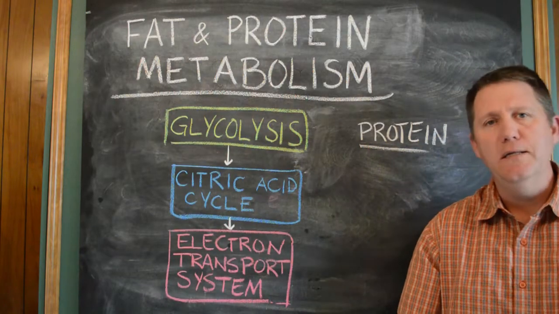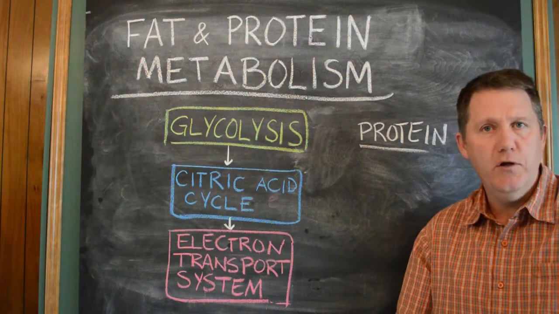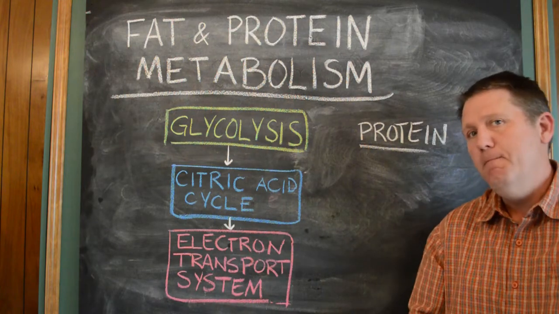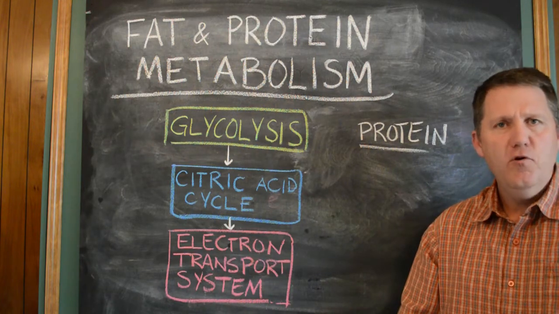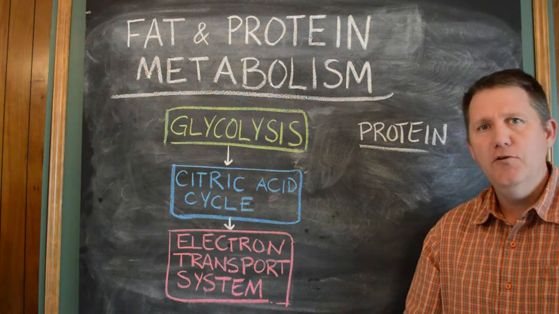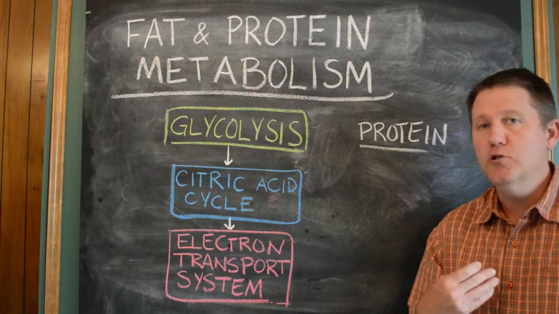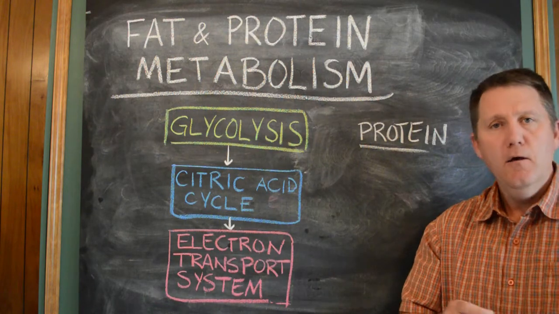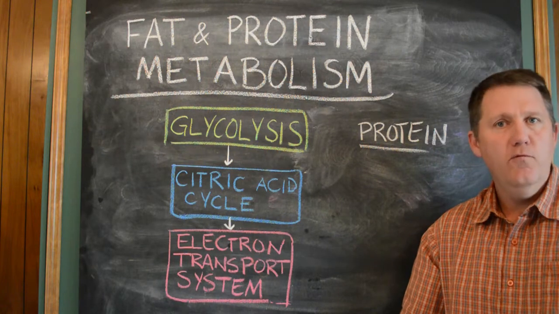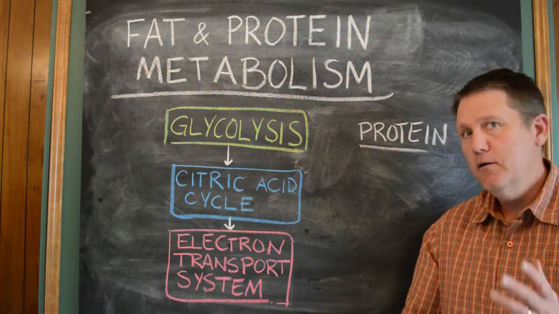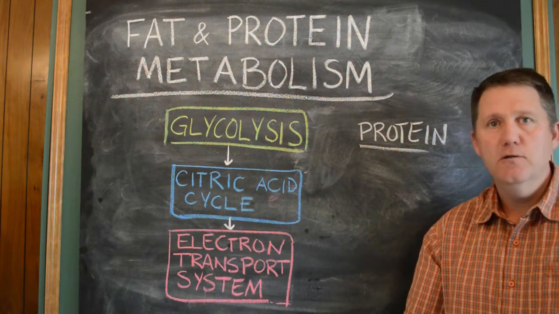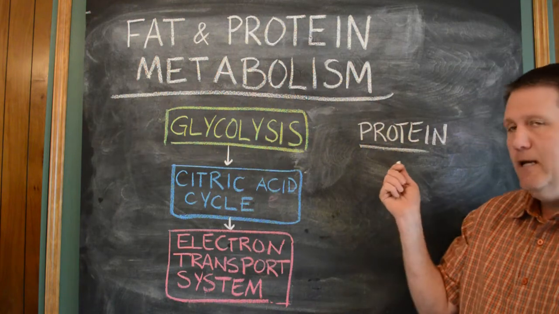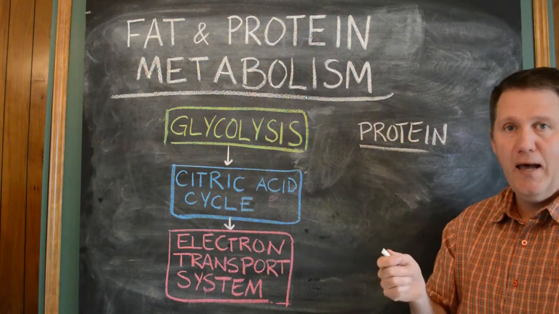What about proteins? We know we can use those for energy as well. We can. Our body kind of prefers not to if it doesn't have to, because usually we need to use those to build more proteins. But it does use some for energy all the time, depending on what your diet looks like. So proteins first are broken down into amino acids.